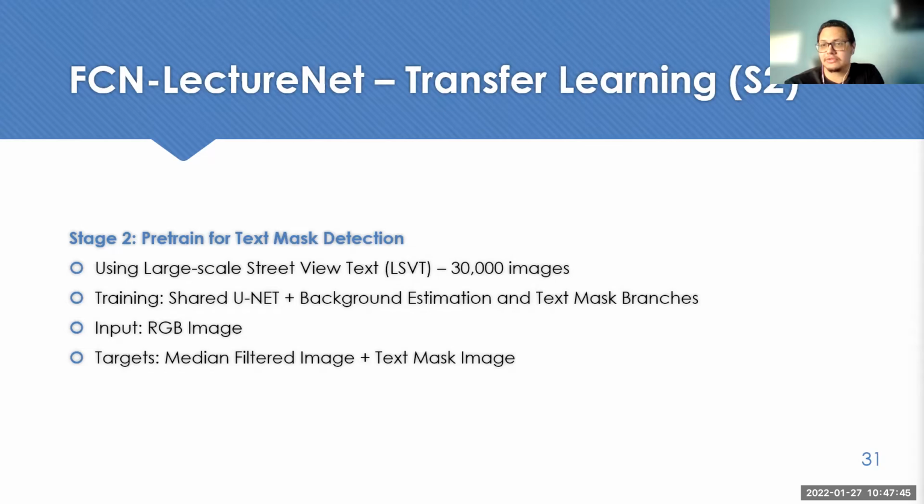It's a dataset with 30,000 images from different street scenes, showing different types of things where there is text in English and Chinese. And we use it to train the shared part of the network, plus the background estimation branch and the text mask branch as well. The input is, again, an RGB image, and the targets are still a median filter image on the background estimation branch, but the text mask on the other branch.